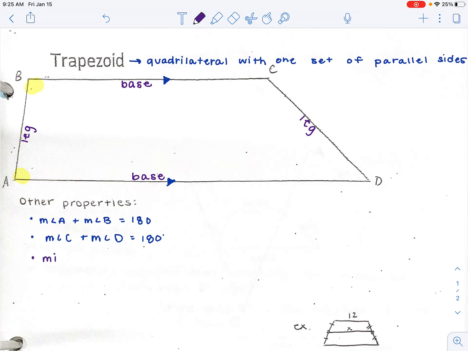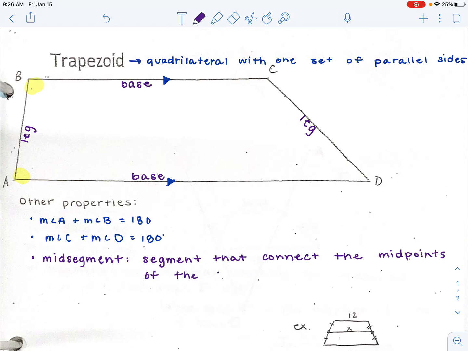We also have what we call a mid-segment. Now the mid-segment you will have to draw in yourself, kind of like we did with the diagonals. A mid-segment is a segment that connects the midpoints of the two legs.